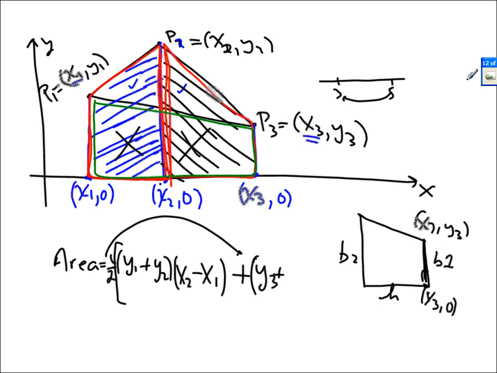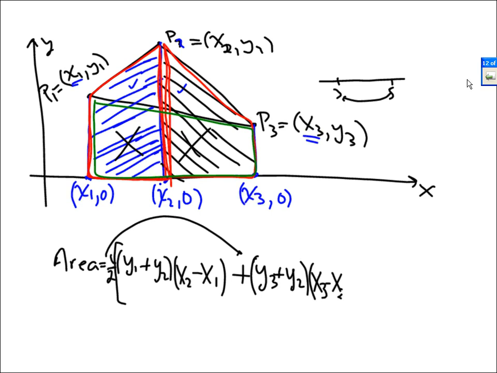Times the base, x3 minus x2. Okay, so we have the area of that whole thing now. The two trapezoids, the left trapezoid and the right trapezoid. But like I said earlier on, that's too much.